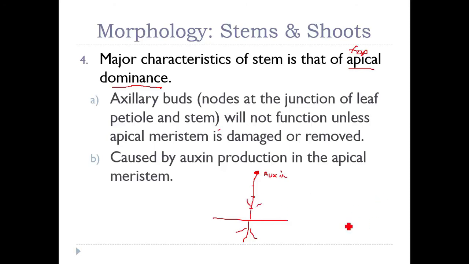And so what you'll eventually wind up with is the typical Christmas tree shape of a plant. Most of our crop plants will have this type of Christmas tree shape. Not all of them, but it's very typical because you've got these lateral branches that are growing here and producing more stems and less up here at the top.